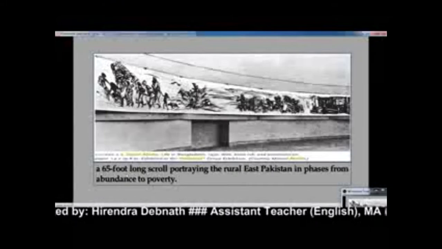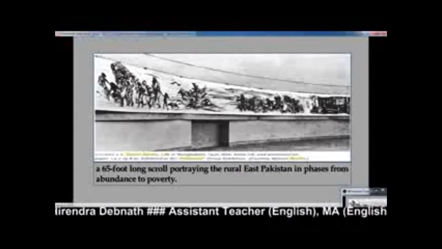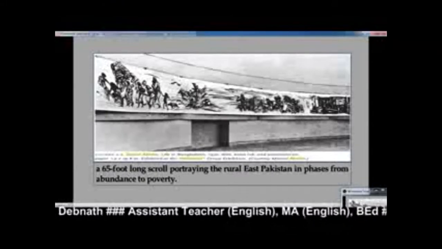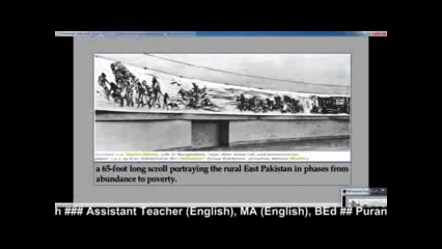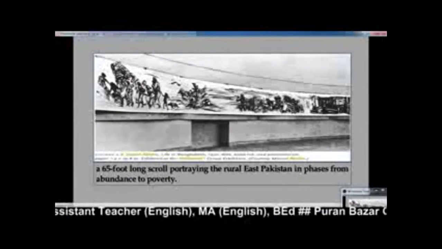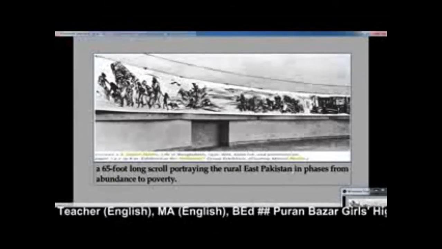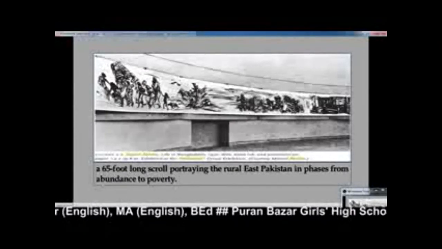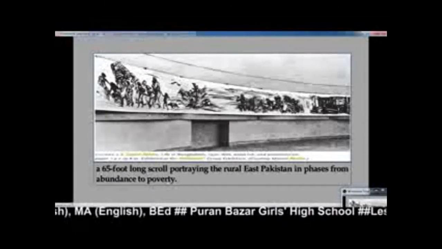a 65-foot long scroll. Dear learners, this is the picture of the 65-foot long scroll portraying the rural East Pakistan in phases from abundance to poverty.